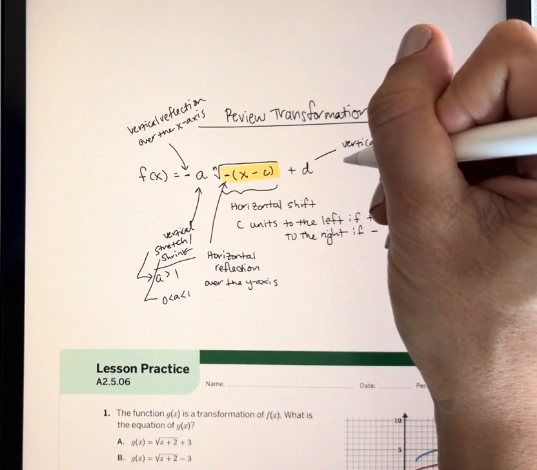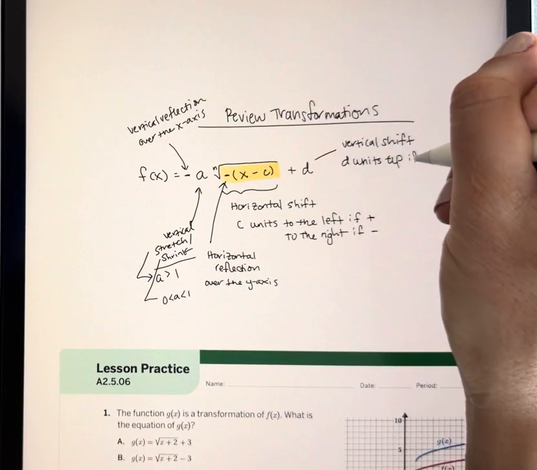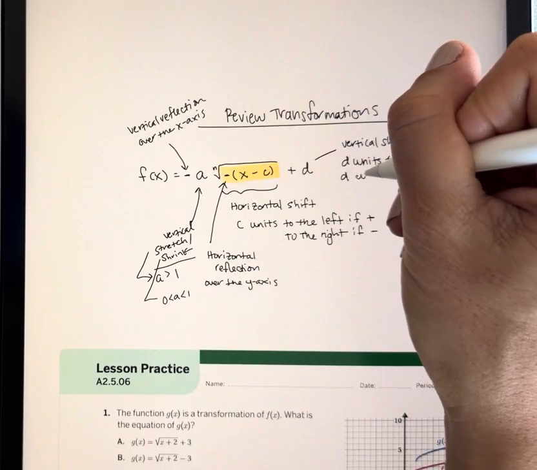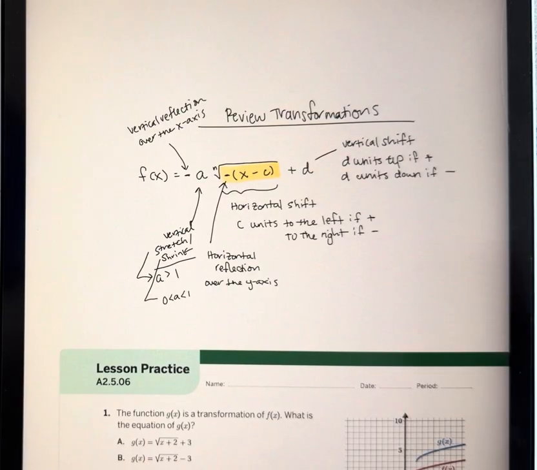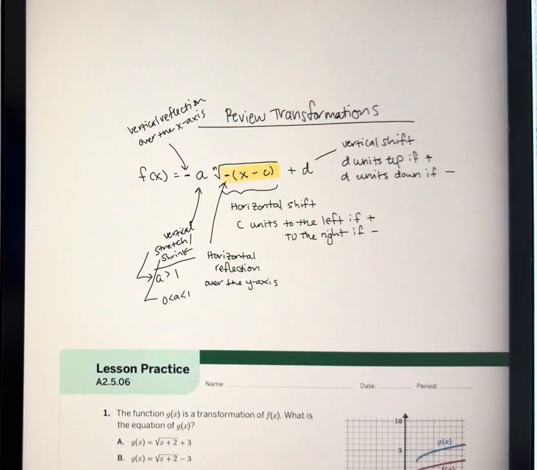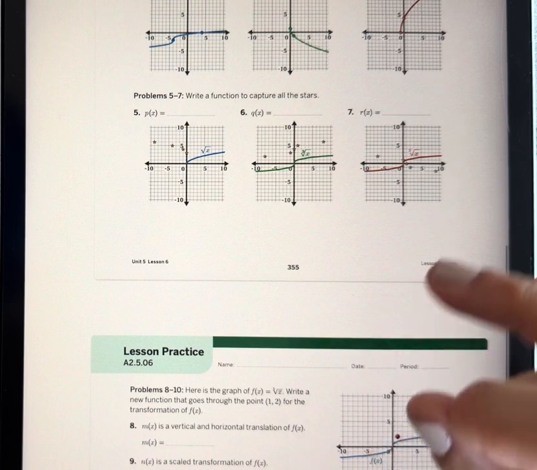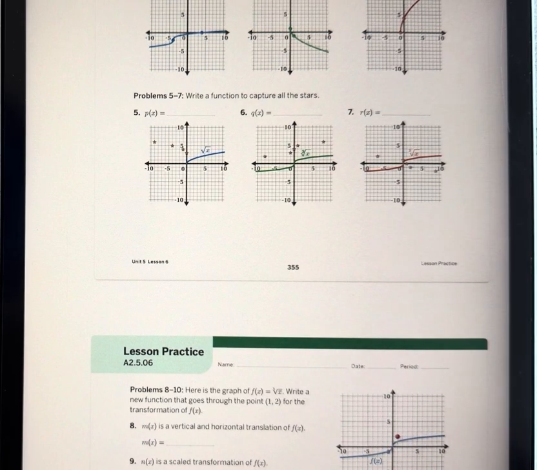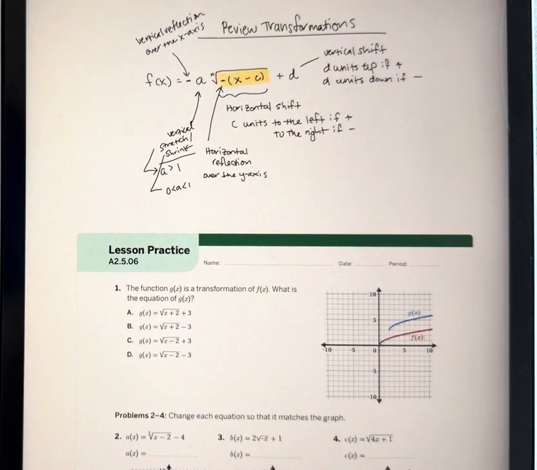So we would be moving D units up if positive, and D units down if negative. And you might be wondering where B is. B would be a horizontal stretch or shrink, which I'm not gonna get into unless we have to. We'll see where it goes. If there's a little b, I'll come back and add it.